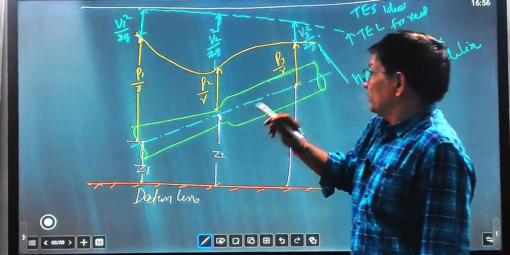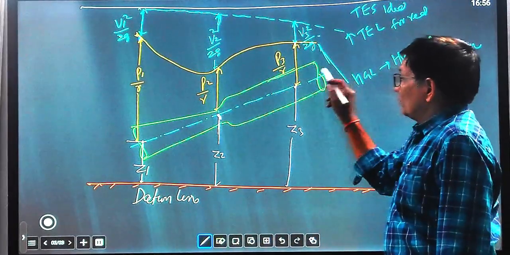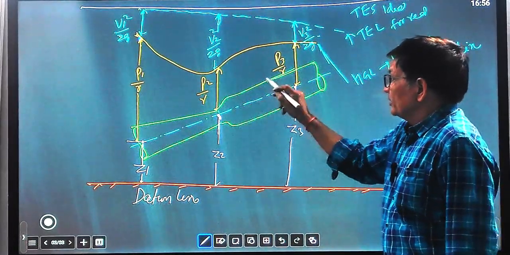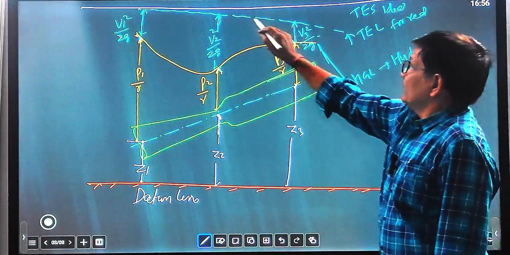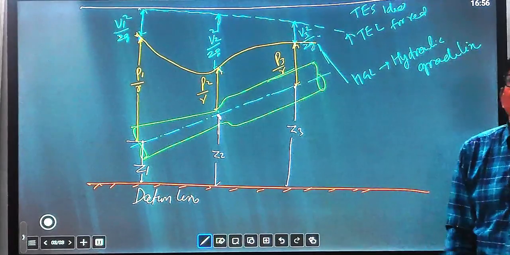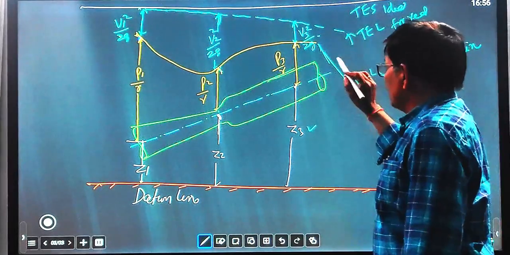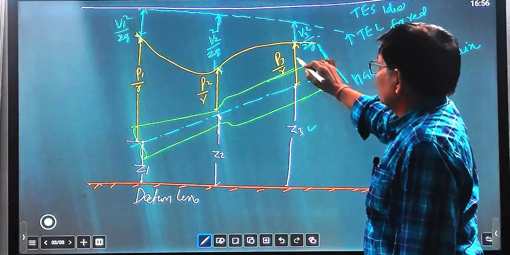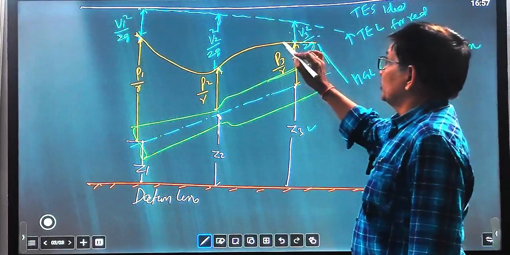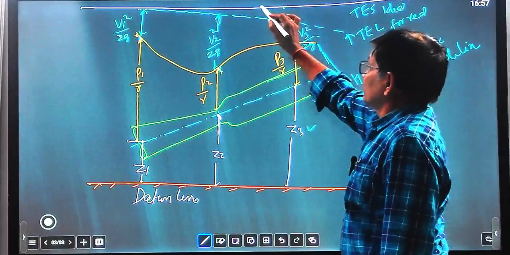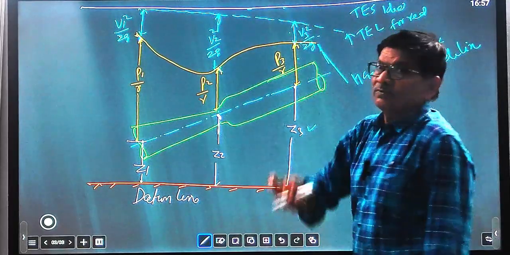From here to here the velocity head is increasing, but here again the cross section is increasing, so the velocity head is decreasing, and this line is dropping because of frictional loss. So here position head plus pressure head plus velocity head, all three heads, remain constant for ideal flow. This will be the ideal line and this will be the actual line.